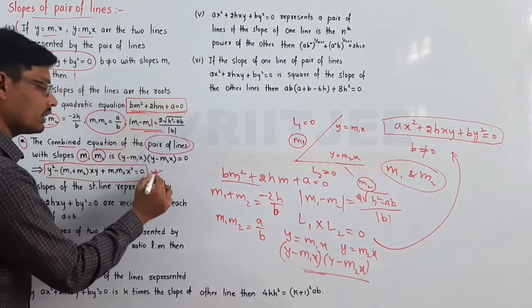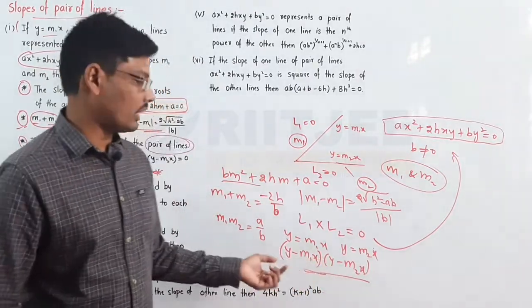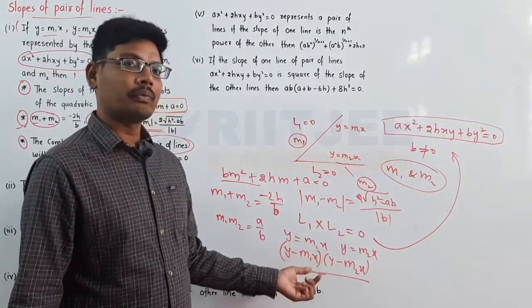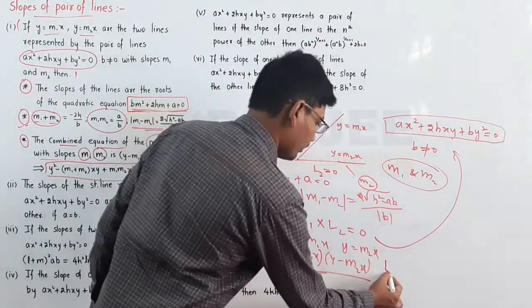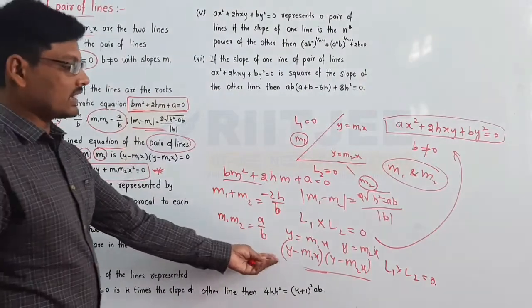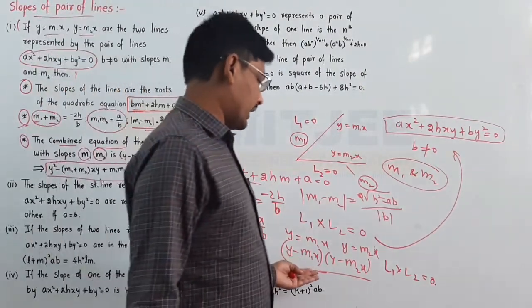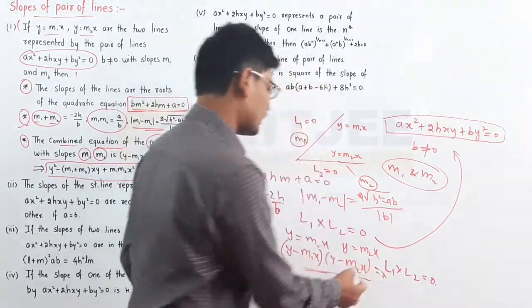This is the expression for the pair of straight lines when the two equations of lines are y is equal to m1x and y is equal to m2x. Here L1 into L2 is equal to 0. So L1 is nothing but y minus m1 into x, L2 is y minus m2 into x.